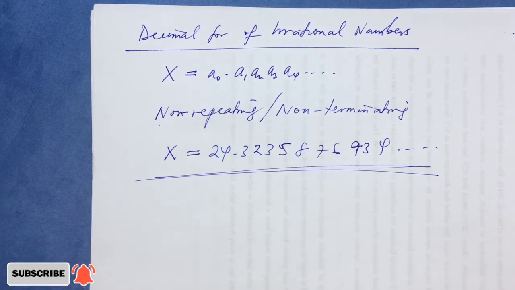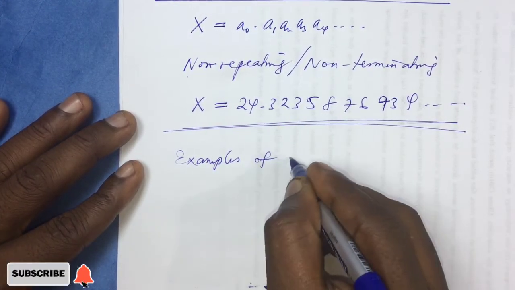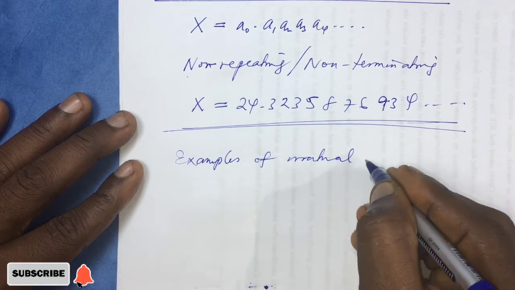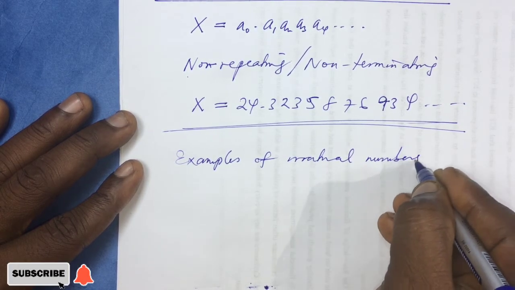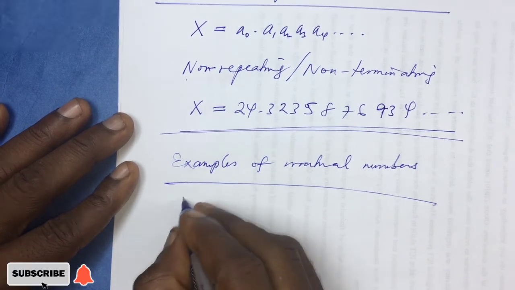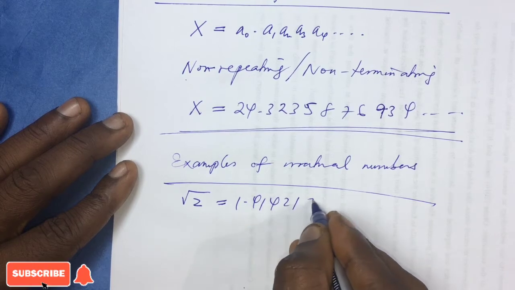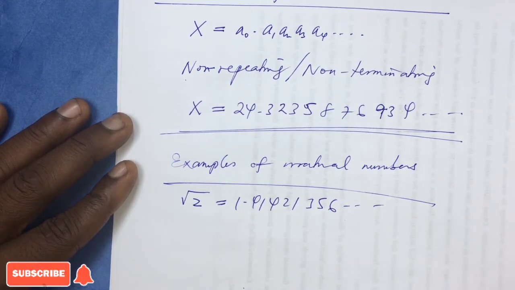Okay, now you must take note of some examples of irrational numbers. Some examples of irrational numbers are square root of 2, which gives you 1.4142136 and so on.